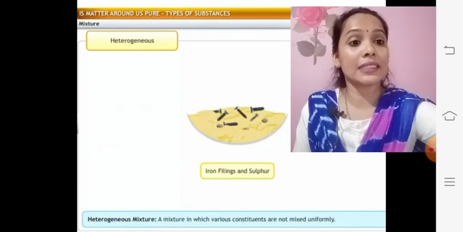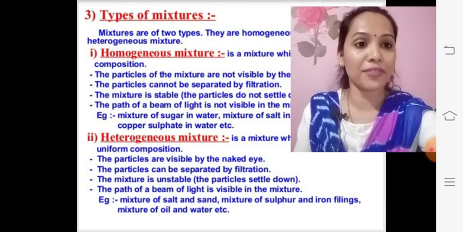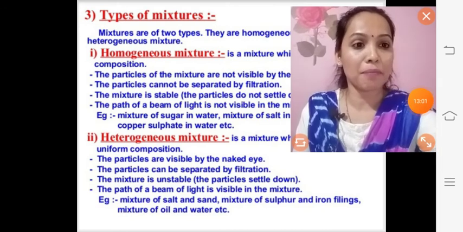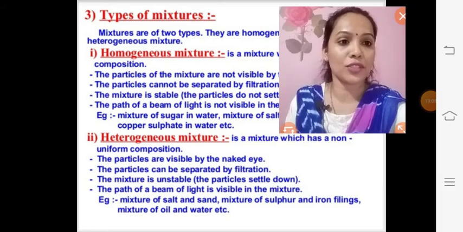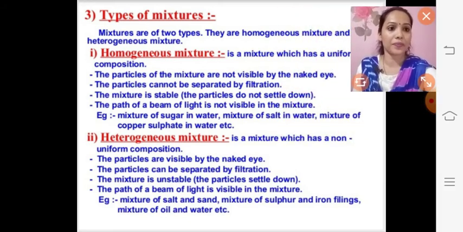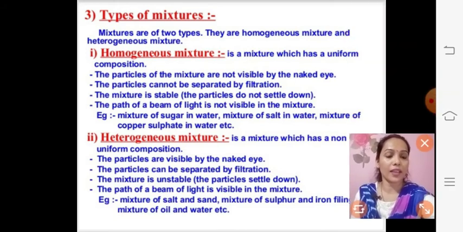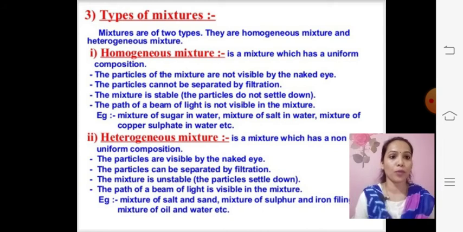Now, let us list out the differences. Here we have the differences between homogeneous and heterogeneous mixtures. Homogeneous mixtures have these properties.